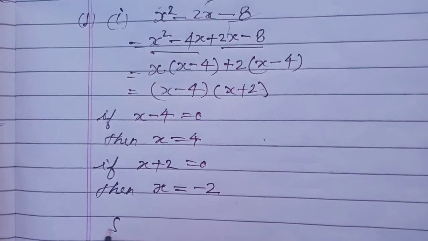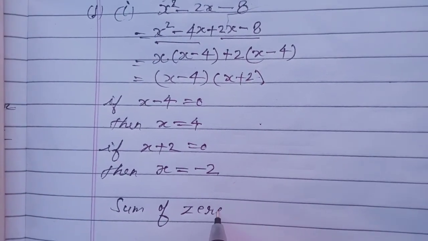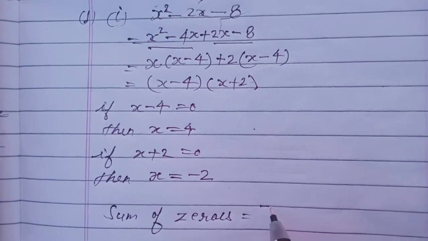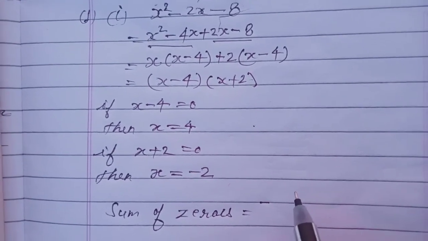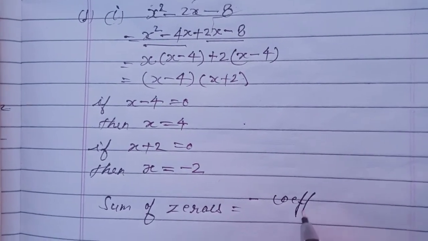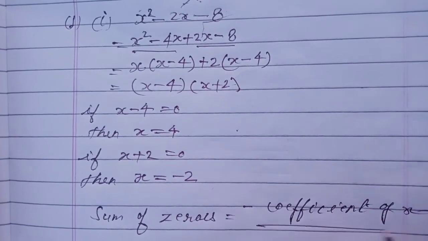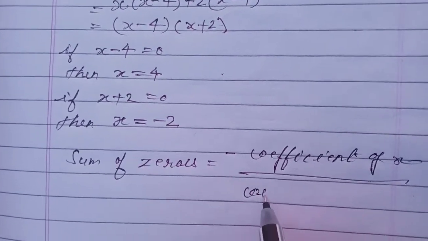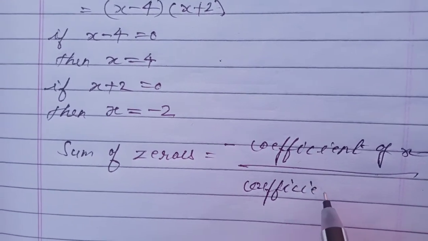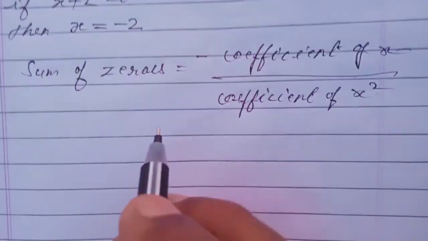Now the sum of zeros is equal to minus coefficient of x upon coefficient of x square.